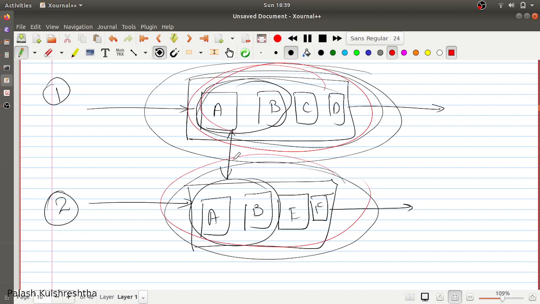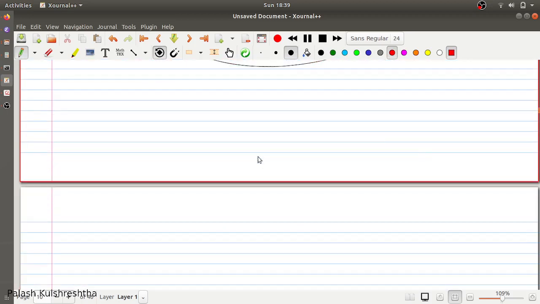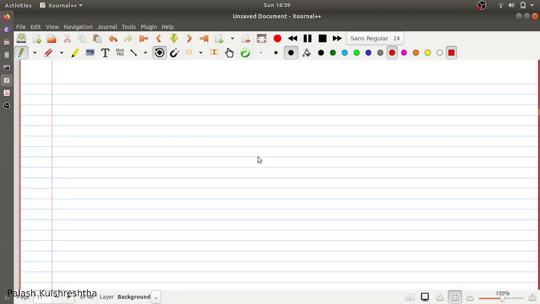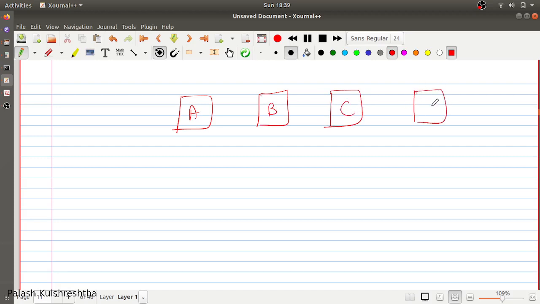So what we do is, instead of having a monolith architecture, we divide this application into separate components like A, B, C, and D. So these are your components, and they are connected by pipes.